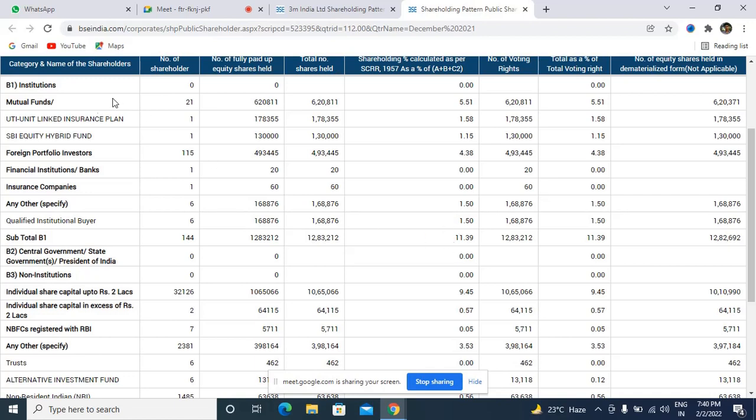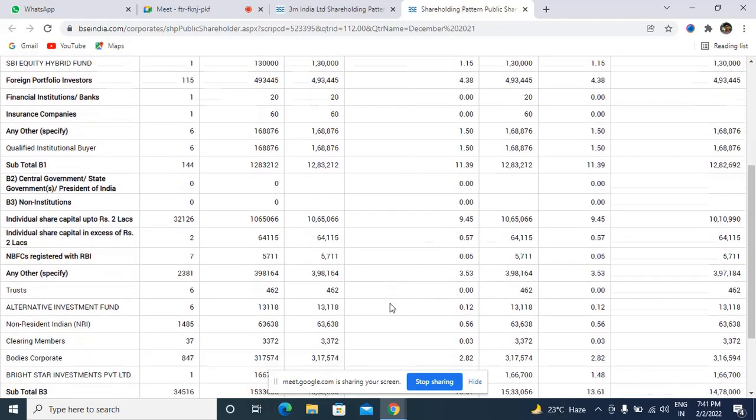Just like that, if you subtotal this entire thing, under mutual funds, these are the mutual funds, then foreign portfolio investors, foreign institutions and banks, 0, insurance companies, 0, any other specified, and small investors, putting it all together, 1.50. Qualified institutional buyers, under this category, putting it all together, it is 11.39. Is this clear?